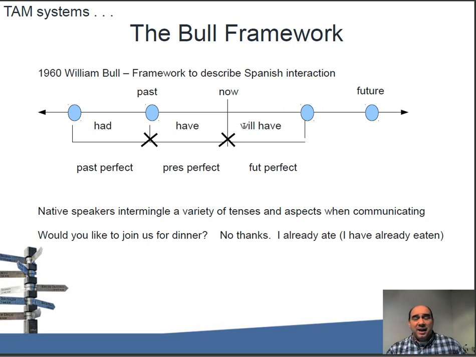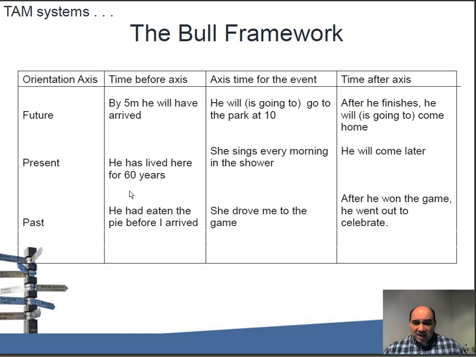Every morning indicates to me that it's a habitual action. And habitual actions, in some sense, are timeless. It's an event that always happens on a particular day at a particular time. A little different than the actual now that's being talked about here or in the present progressive. This is a habitual event. It would be a different type of thing.